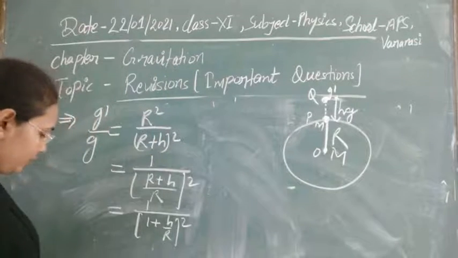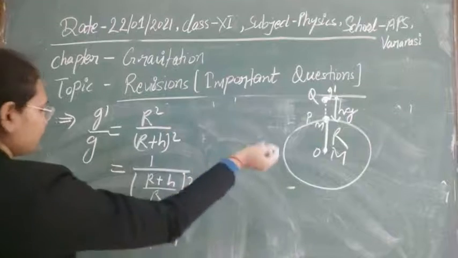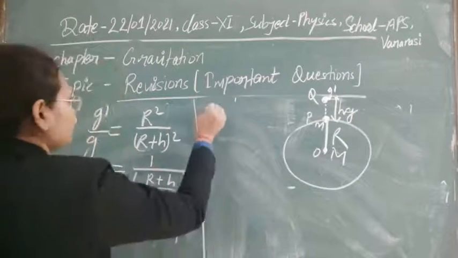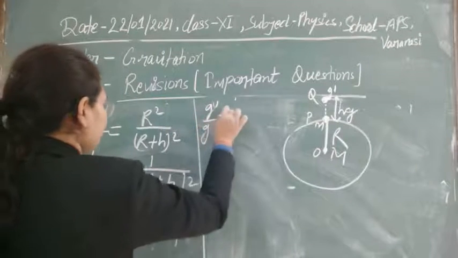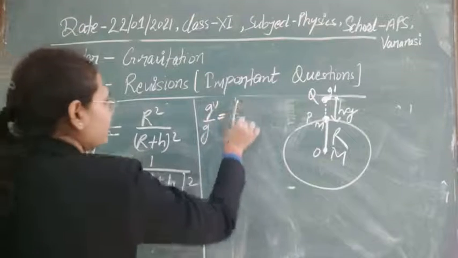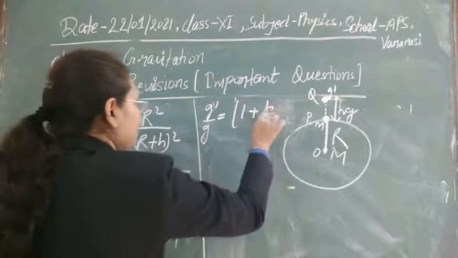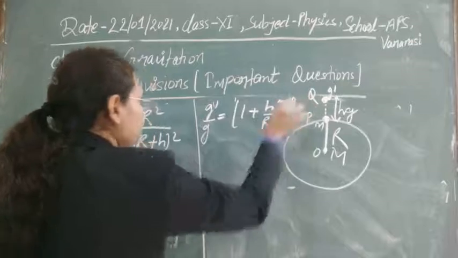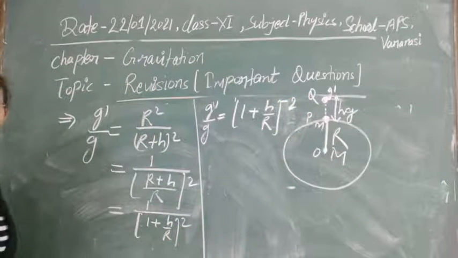And now to solve it, binomial expansion will help us. So g dash upon g is equal to (1 plus h by R) power minus 2. Clear?